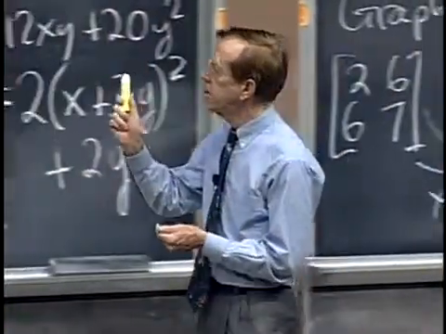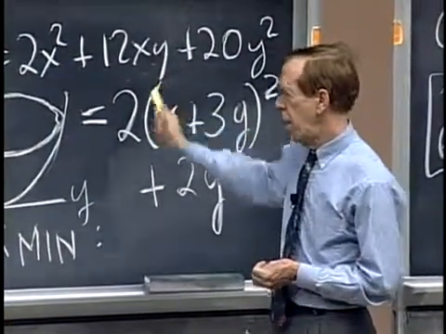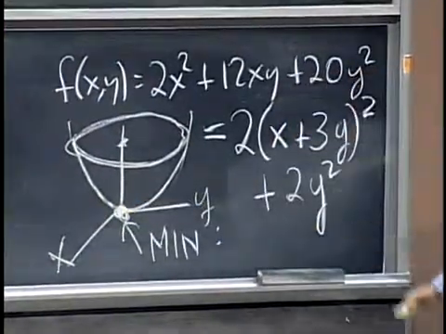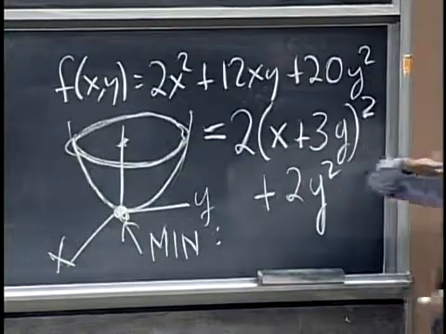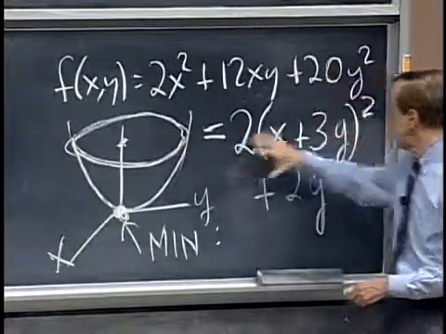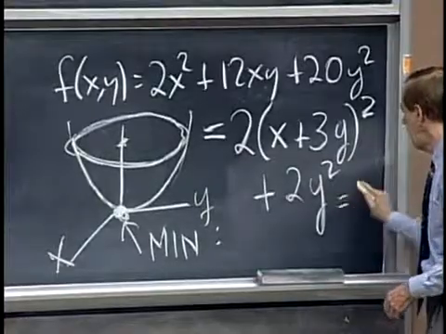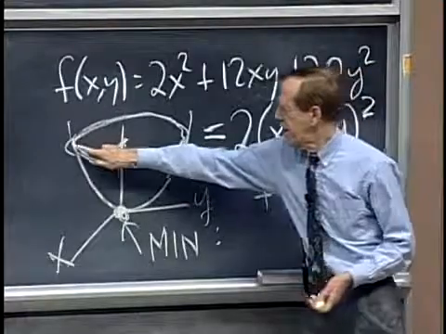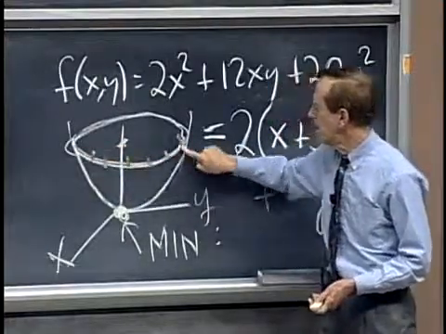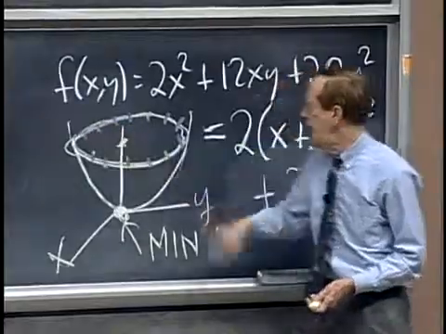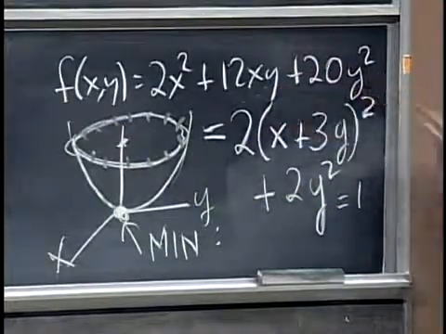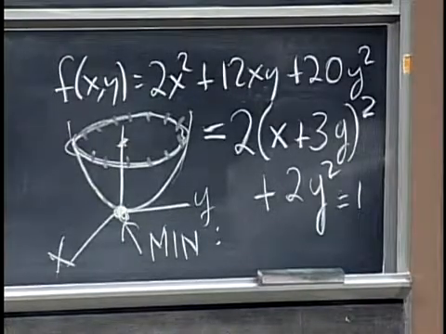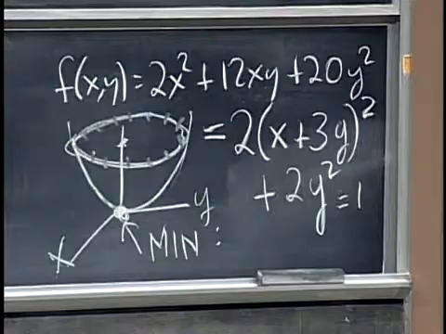We're aiming for the tests, which this passed. We're aiming for the connection to a minimum, which we see in the graph. And if I set that thing equal to 1, what that gives me is the cross section. It gives me this curve, and its equation is this thing equals 1, and that's an ellipse. Whereas if I cut through a saddle point, I'll get a hyperbola.